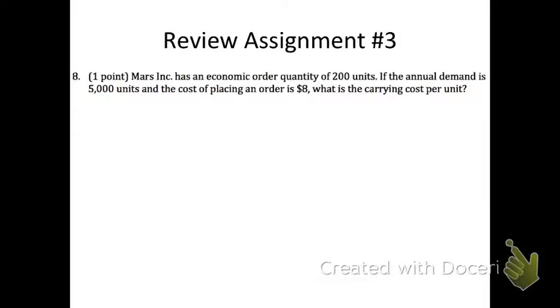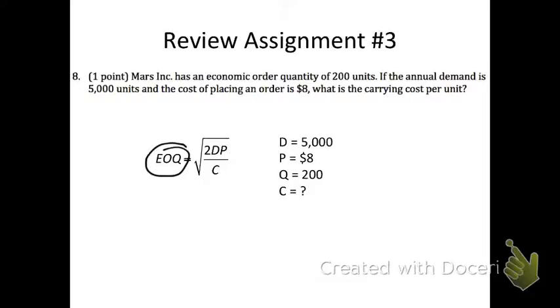Alright, number 8. Number 8 is, again, inventory management, but you're working a little backwards here to get one of the missing parameters. You know what your economic order quantity is, so you've used this equation, and you have all of this information. The economic order quantity is 200. And so really all you're doing is solving for the missing parameter.